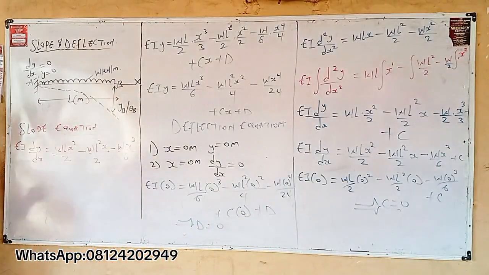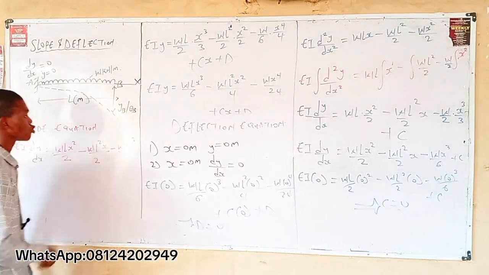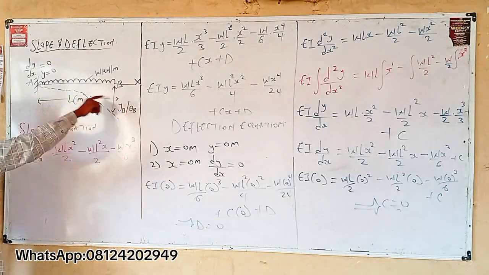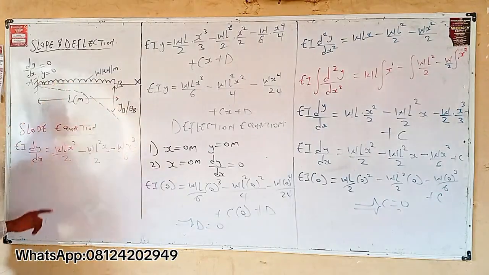I can go with this instead of writing plus 0. It's still the same thing. So this is your slope equation to solve for the value of slope for this particular beam, which is a cantilever beam.